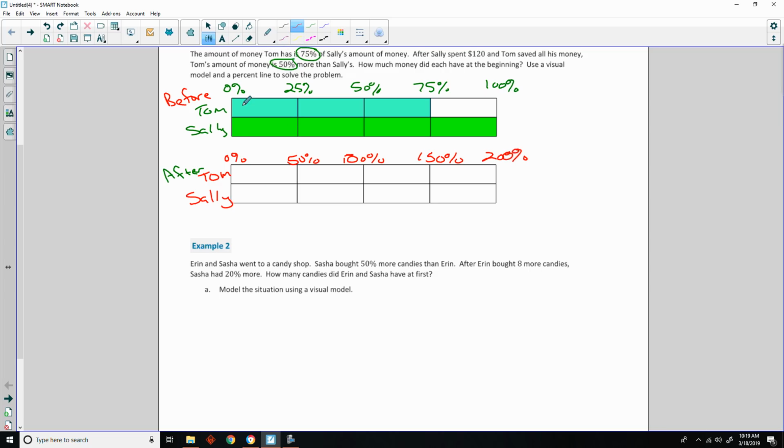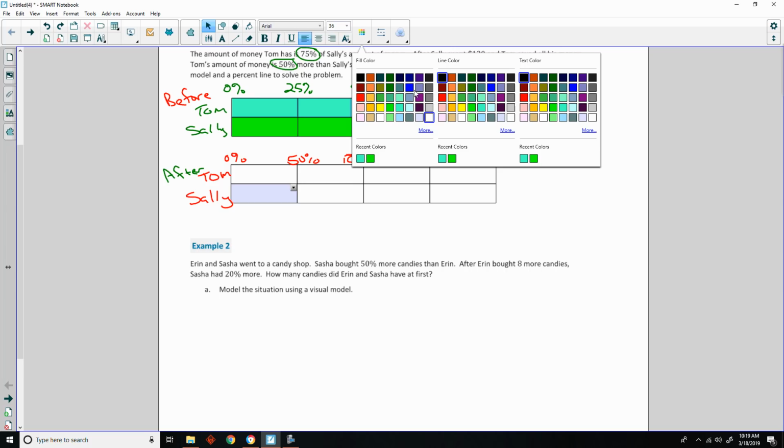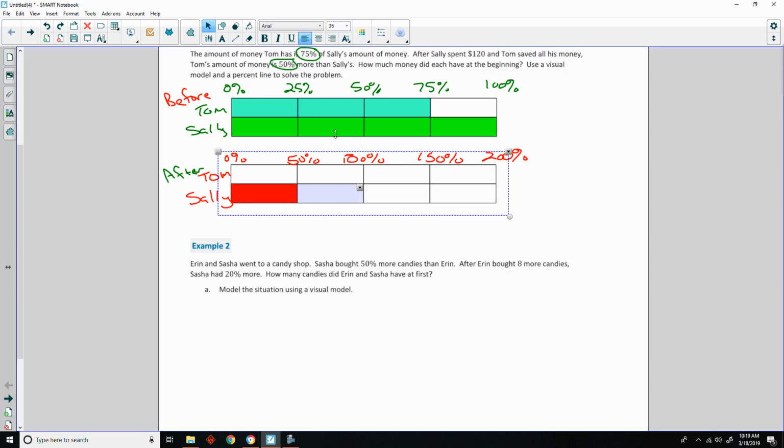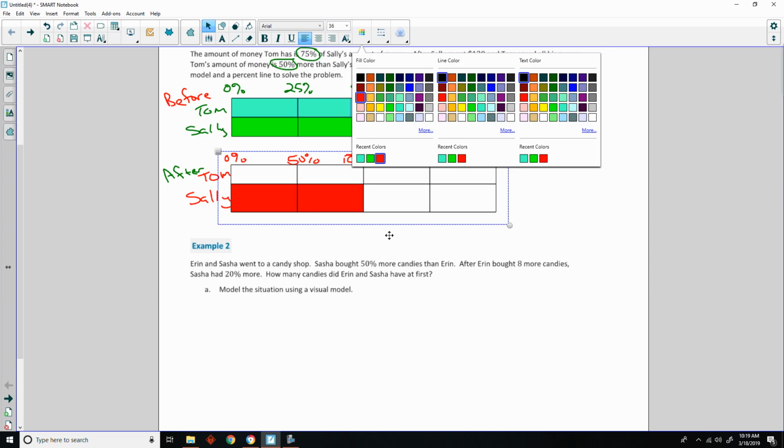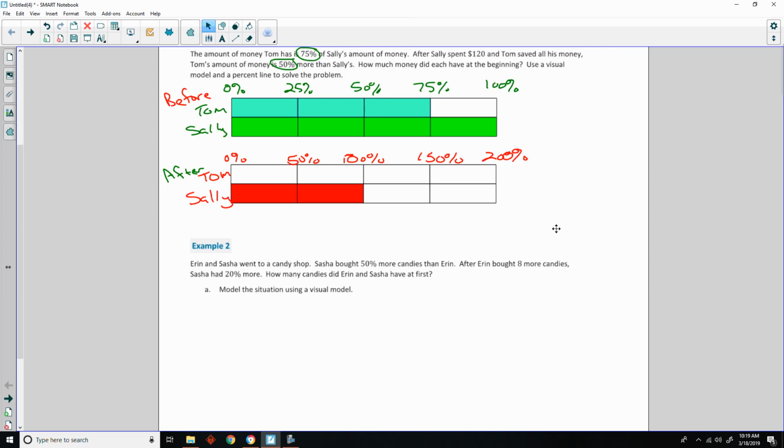So let me do her 100% first. And this time we'll use red, I suppose. Okay, so Sally still has 100%, like so. But Tommy is 150% of hers.